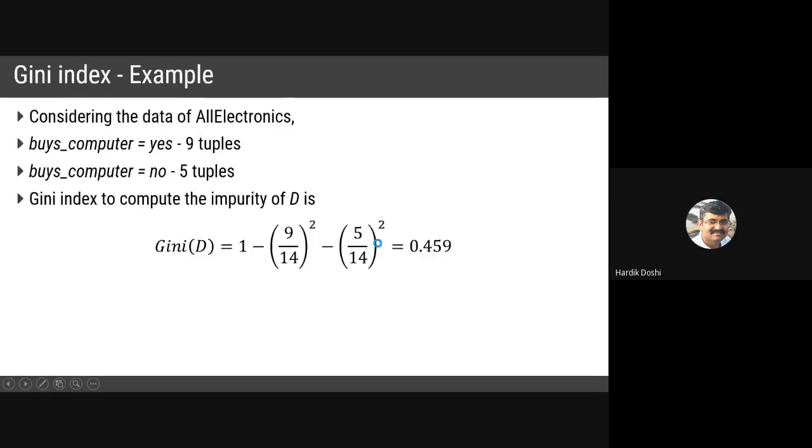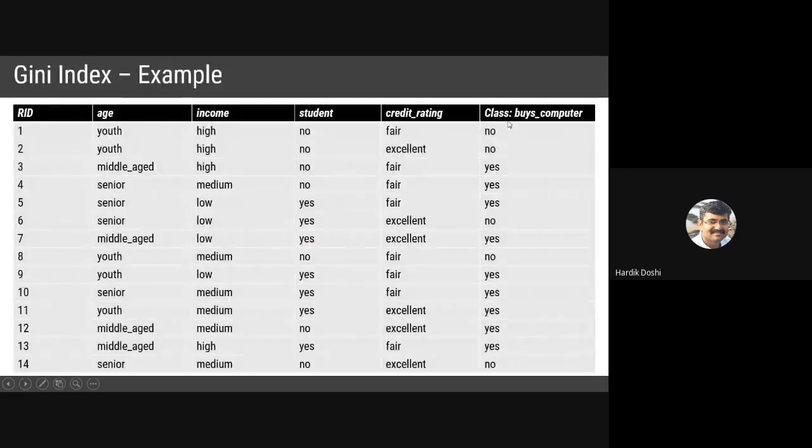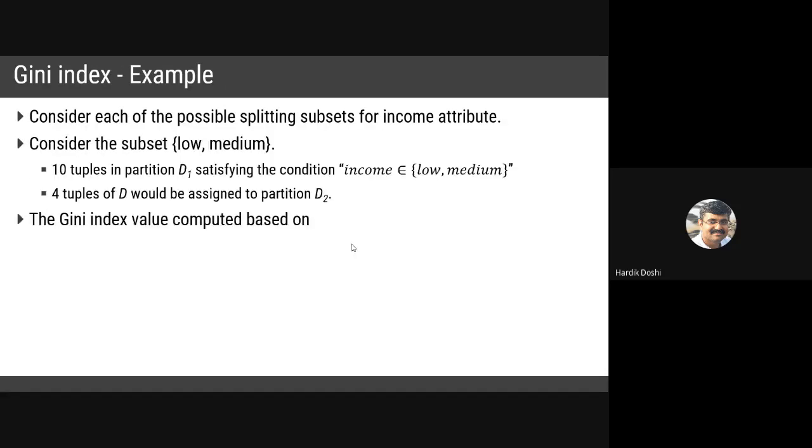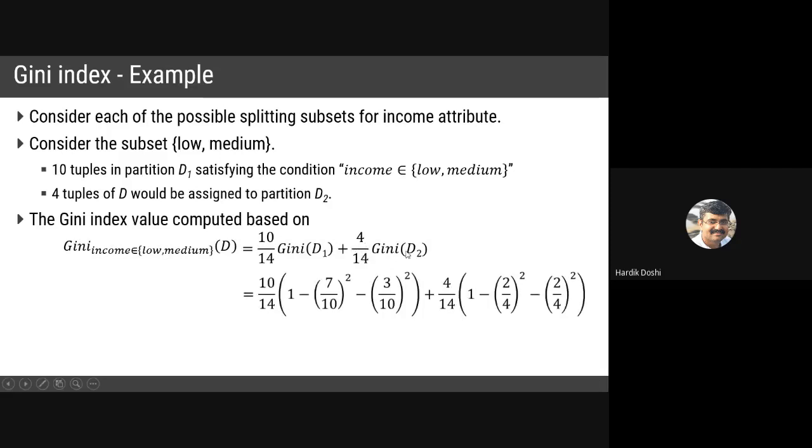Check yes and no for high: 2 for yes and 2 for no. So Gini of D2 becomes 1 minus (2 by 4) squared minus (2 by 4) squared, for yes and no. If you compute this, you get 0.443. So Gini for income belongs to low, medium is 0.443.